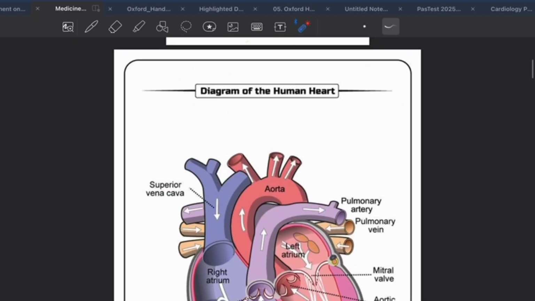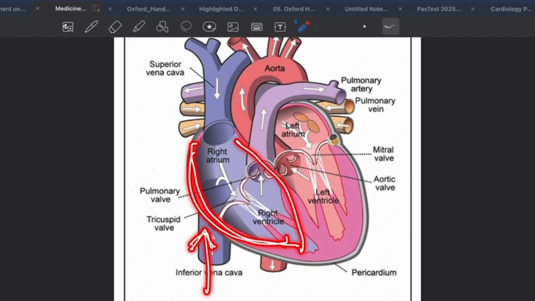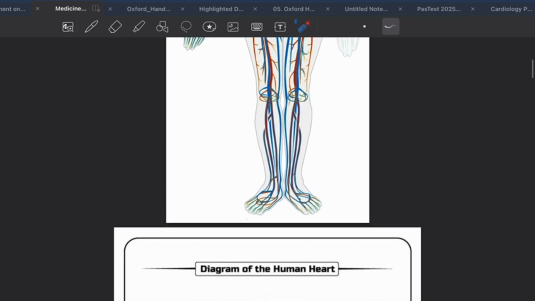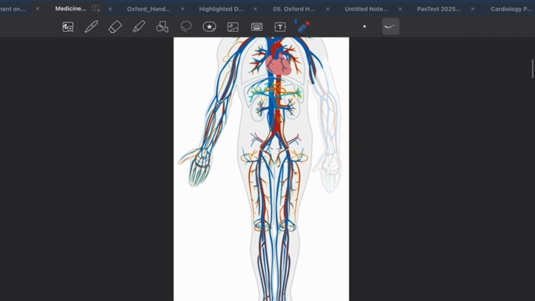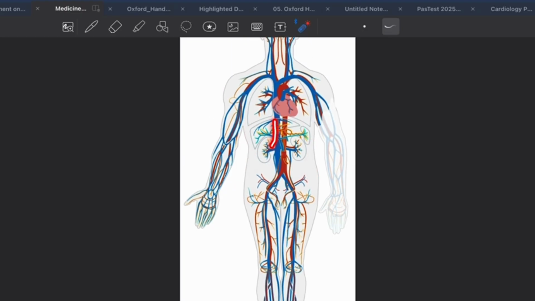Here you can see, blood comes into the right side of the heart through the inferior vena cava and superior vena cava. Inferior vena cava drains the blood from the peripheral parts of the body, like you can see from the legs, from our abdomen, our liver, and then it drains into the right side of the heart.